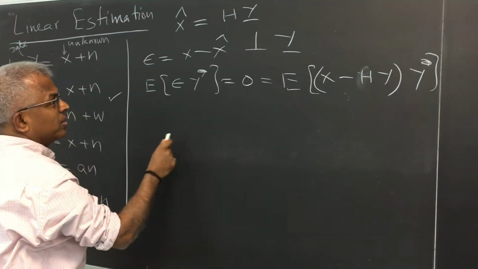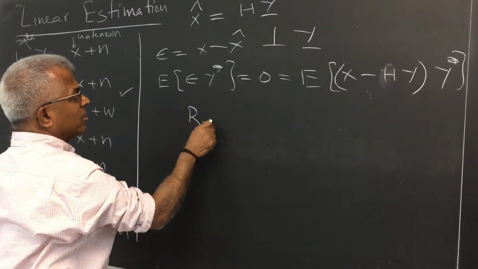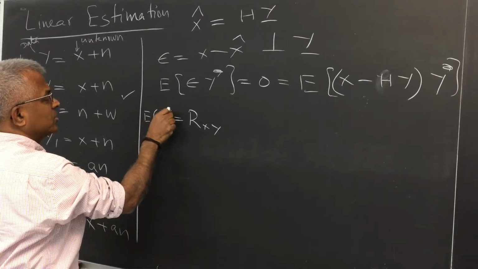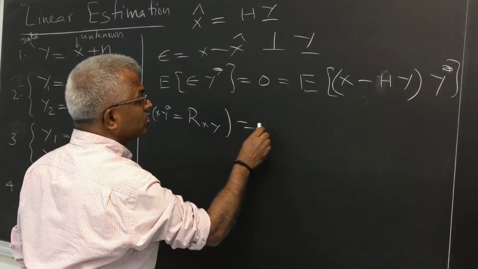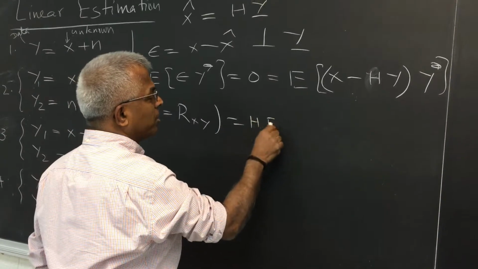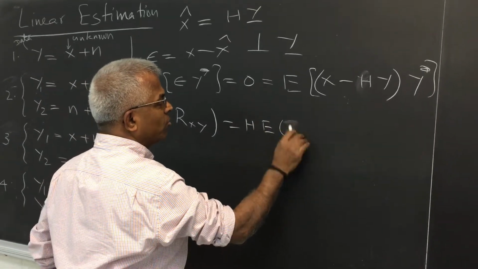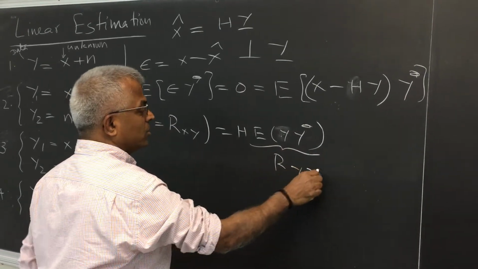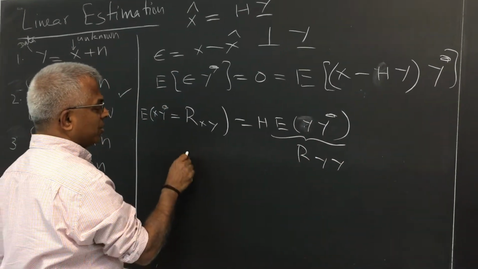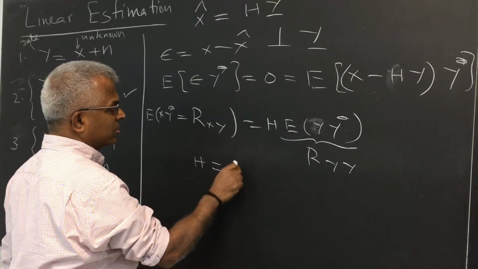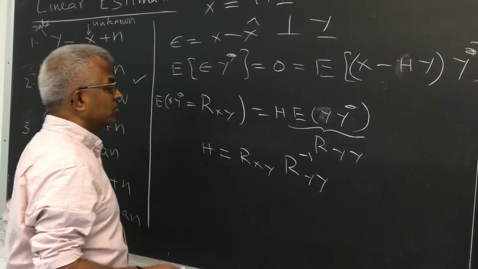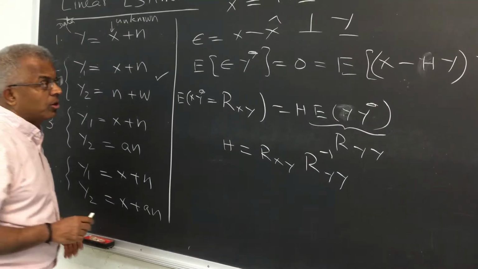If you expand it, you get the expected value r xy, which is the expected value of x y star, equal to h multiplied by the expected value of y y star. So this is r yy. So we get the standard expression. The unknown is r xy times r yy inverse. Let's apply this quickly to all these problems.